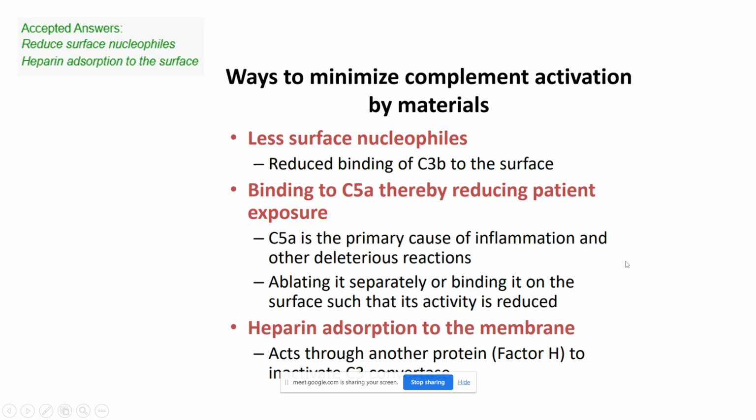C5a is the primary cause of inflammation and other deleterious reactions. So binding of C5a will reduce the complement activation. And then the last one is heparin adsorption to the membrane that acts through another protein, factor H, to inactivate C3 convertase.